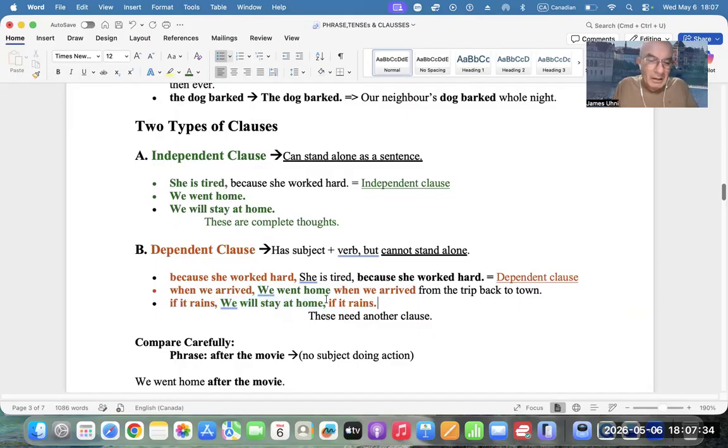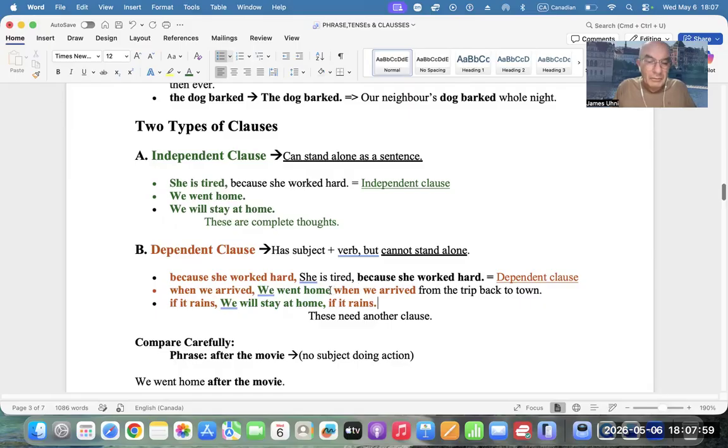Perfect. Now I have a comma over here, but I didn't write a comma over here. Why? Because I can say we went home when we arrived, and when is nothing else but, and we studied that already, a relative pronoun, because it's in the middle of the sentence.